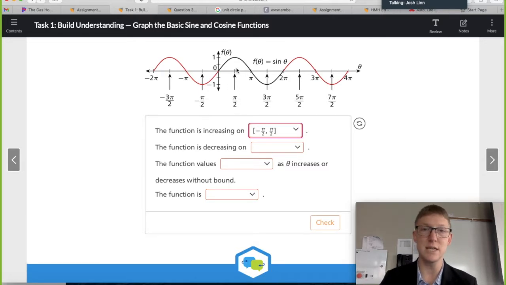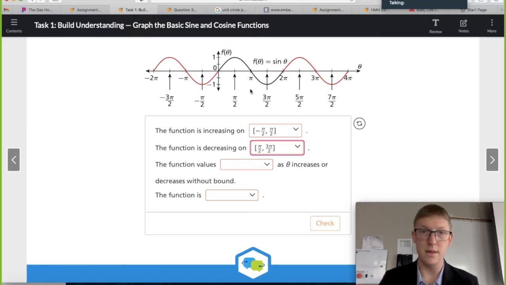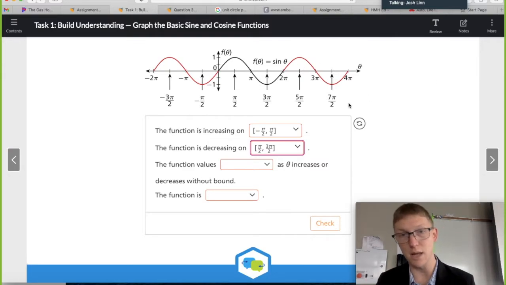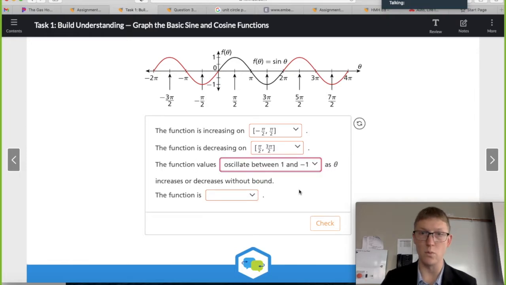And then the function is decreasing from pi over 2 to 3 pi over 2. And then again, and again, and again. Function values oscillate between 1 and -1 as they increase or decrease without bound.